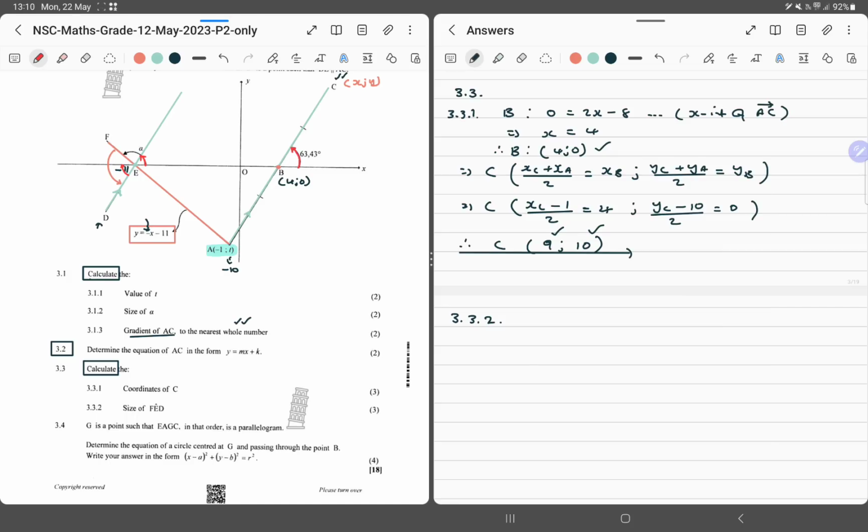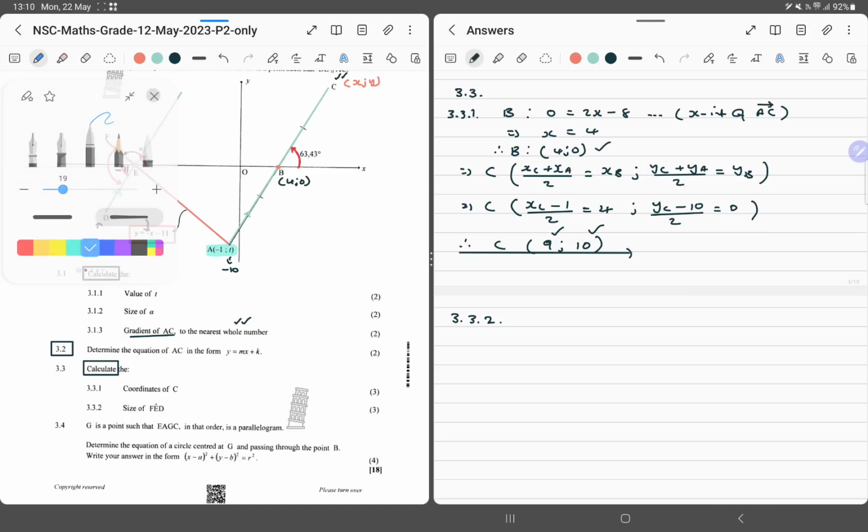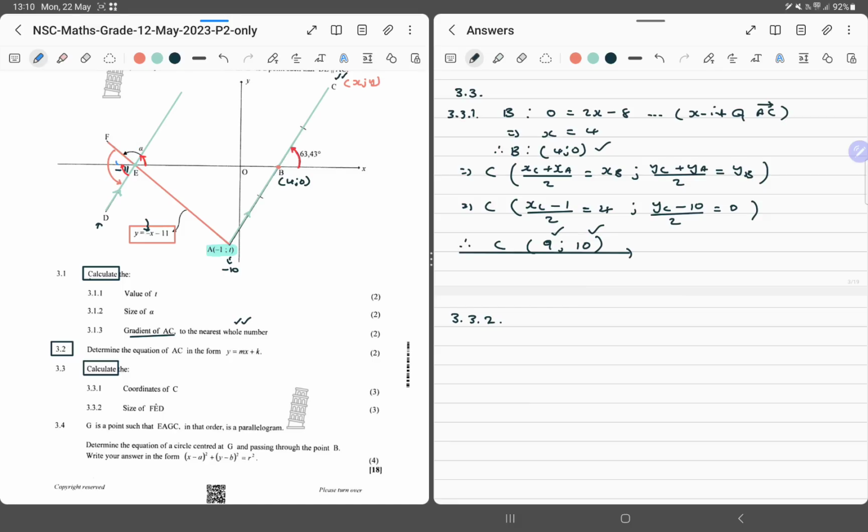So knowing the size of that angle, that it's 63.43, already we have a portion of FED that is already 63.43. So just using those principles. Now all we need to find out is this little portion right here.